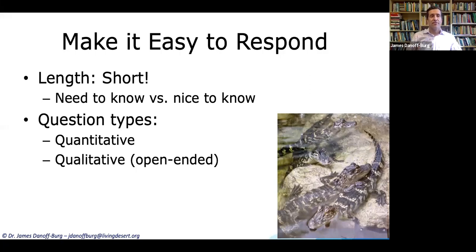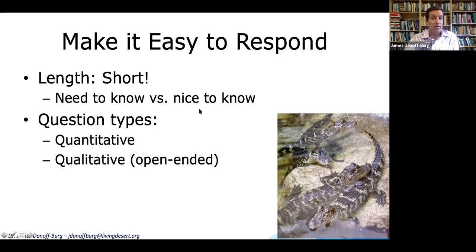So first, make it easy for people to respond. When you went through and chose your questions, those that you think were the ones that you absolutely had to include, those are need-to-know questions, right?